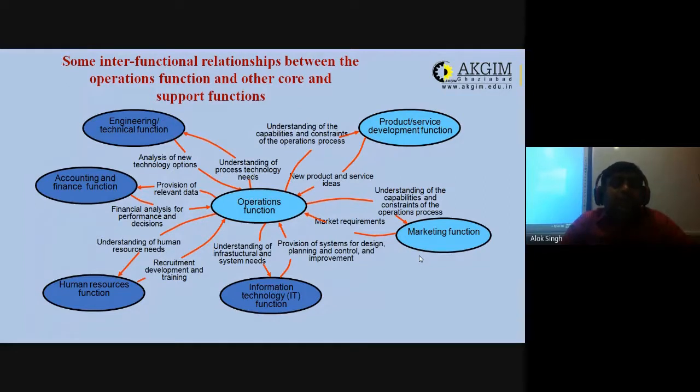Okay, and analysis of new technology options, means the engineering and technical function will check whether that process or technology is applicable in the Indian context or not. We are talking about IoT, Internet of Things. But we would not be able to implement it without 5G.